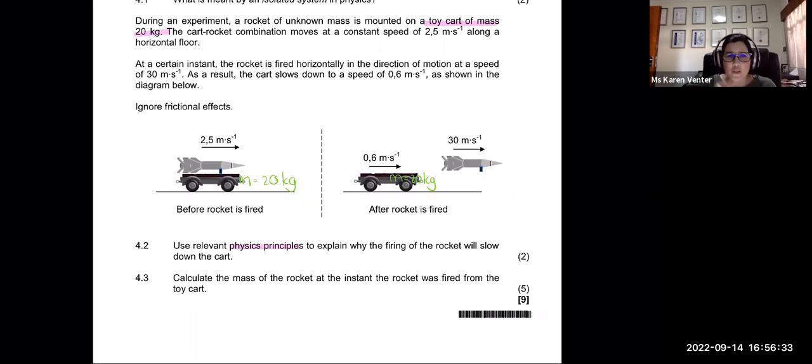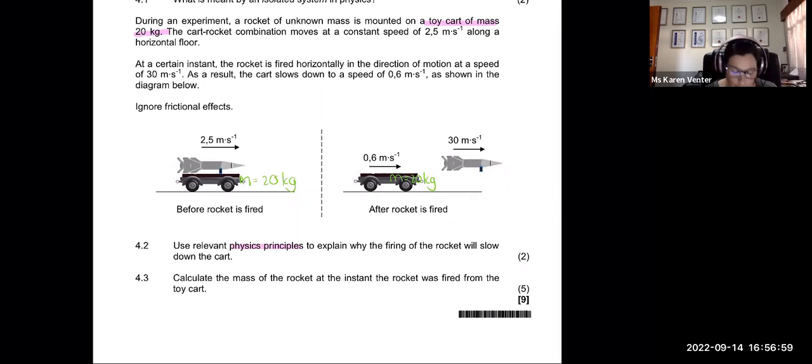So there's quite a few reasons that you can give, but remember, we have to use physics principles here. So the first thing you could say is that according to Newton's third law, the rocket will exert a force on the toy cart to the left, or opposite direction of motion.